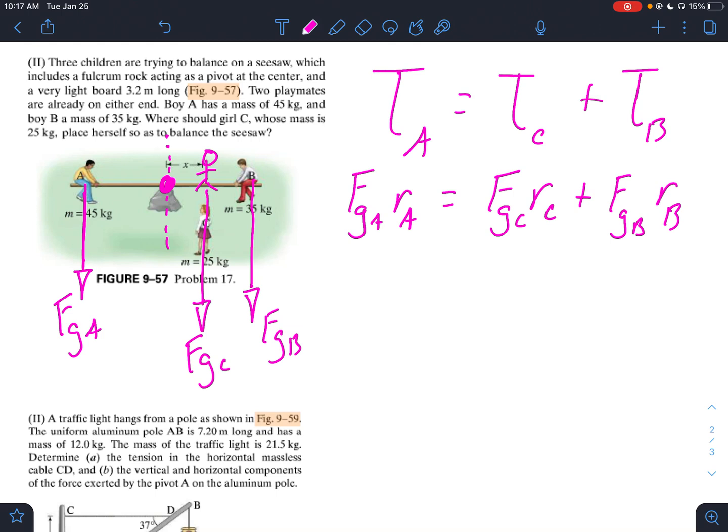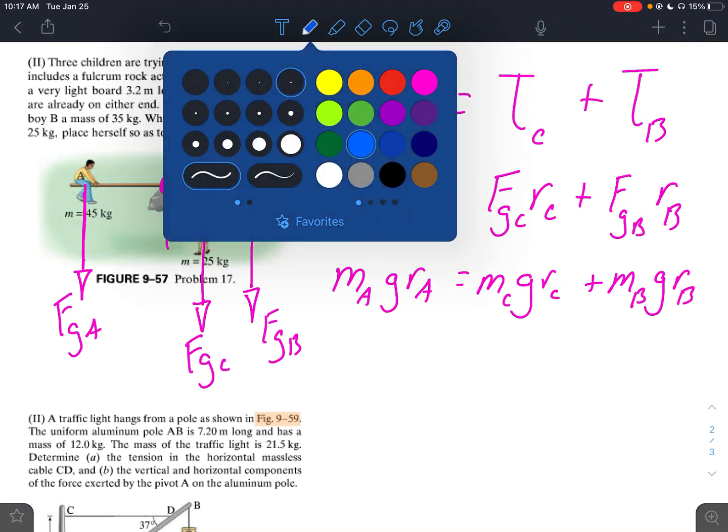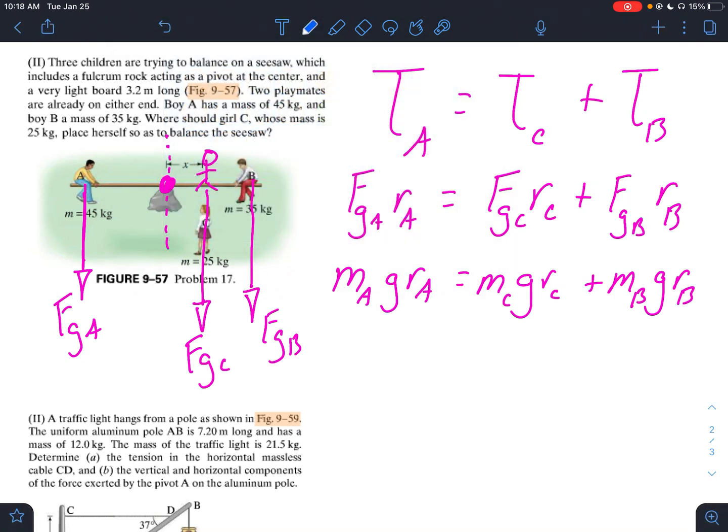But we do know force due to gravity equals mg. So the mass of A times g times the radius of A, and that continues for the other children. And we see yet again, we have a mass party. Non-mass party, because they're different masses, A, B, and C. It's a gravity party, so we take gravity from everybody.